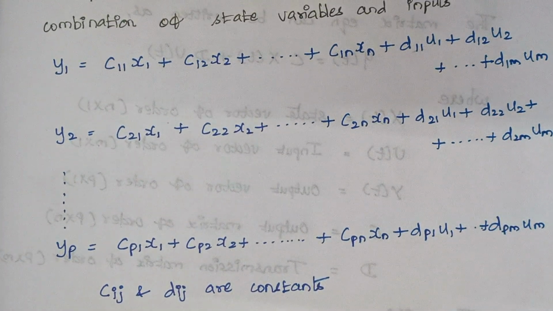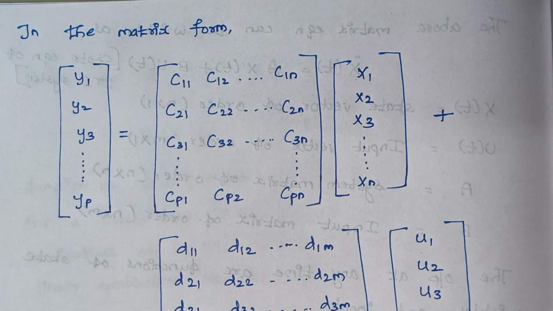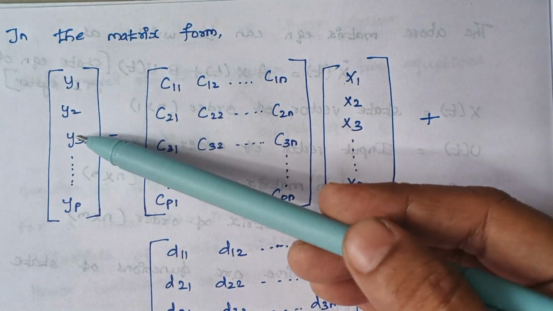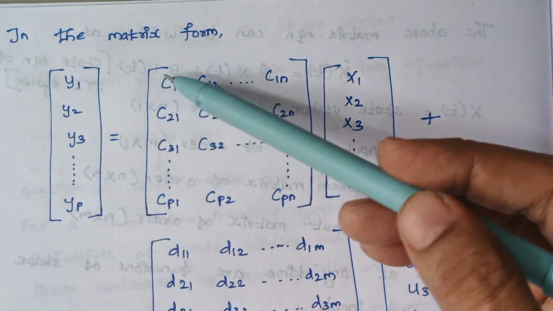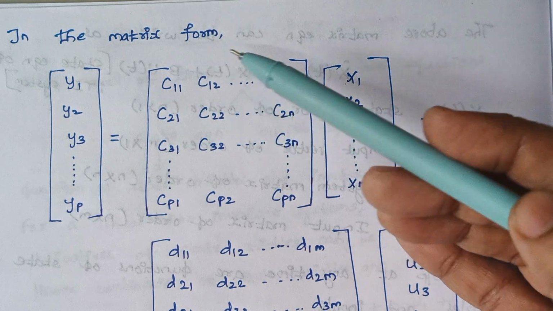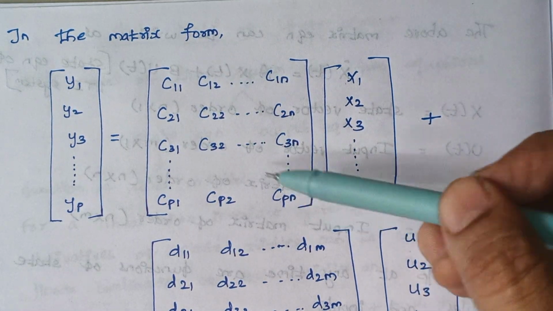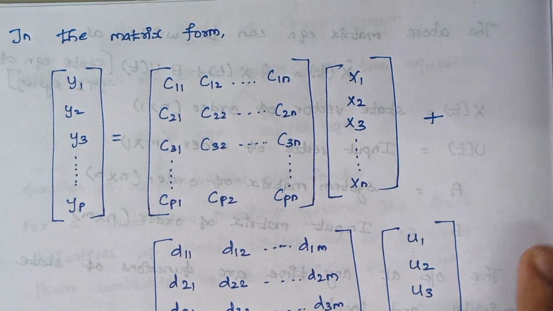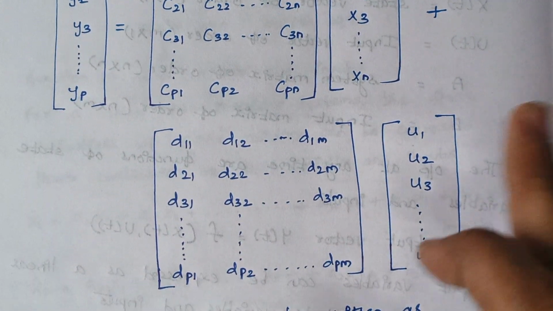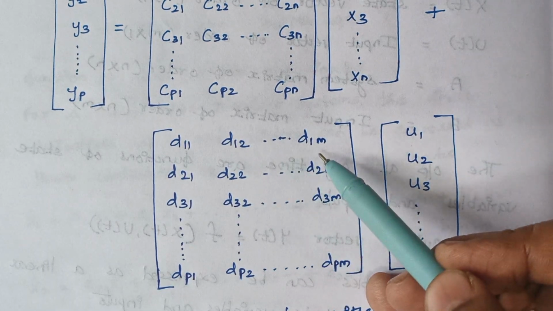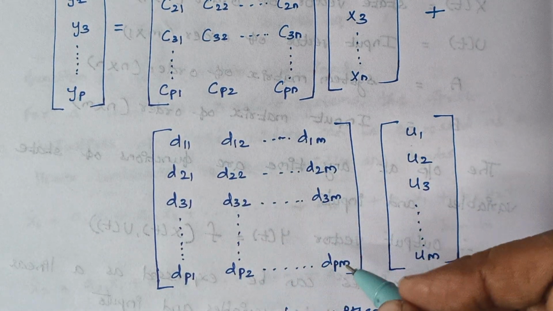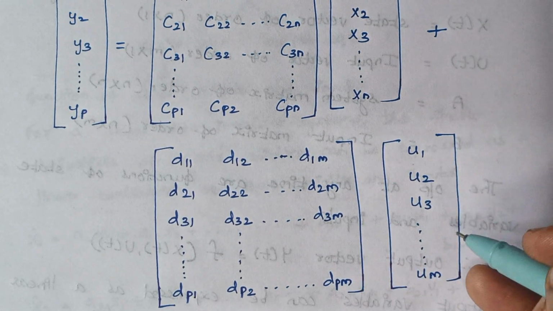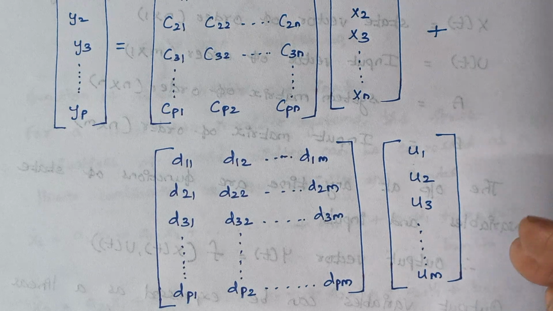Again we represent the expression in matrix form. So this is y1, y2, y3 up to yp, and here we have c11, c12, and this extends up to cpn, which gets multiplied with x1, x2, x3 up to xn, plus d11, d12, d1m, and likewise it extends up to dpm, which gets multiplied by the u matrix u1, u2, u3 up to um.